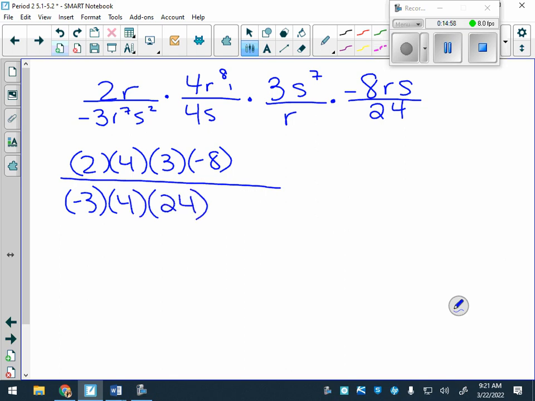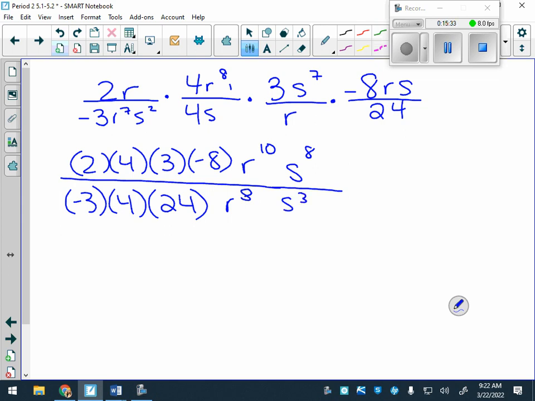Okay, you could multiply if you want and then reduce or cross cancel. Then for your r's, you have r to the 8th, r. So what do we have? R to what power? Okay. Then our s's, we have s to the 7th and s. What do we have? Okay. Then the denominator, we have r to the 7th and r. Okay. And then s squared and s.